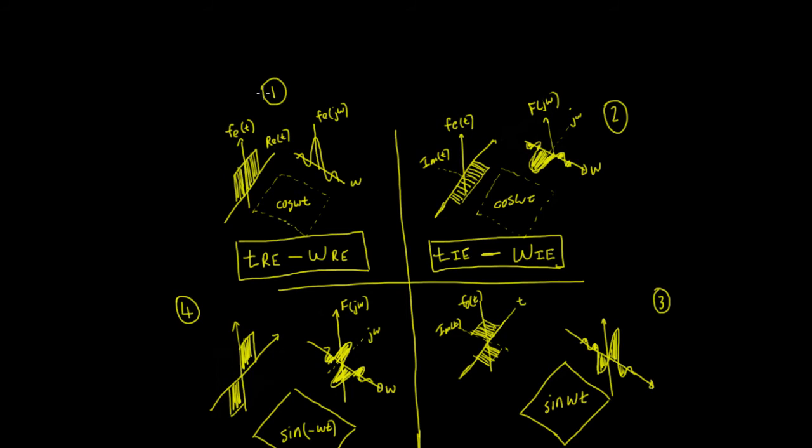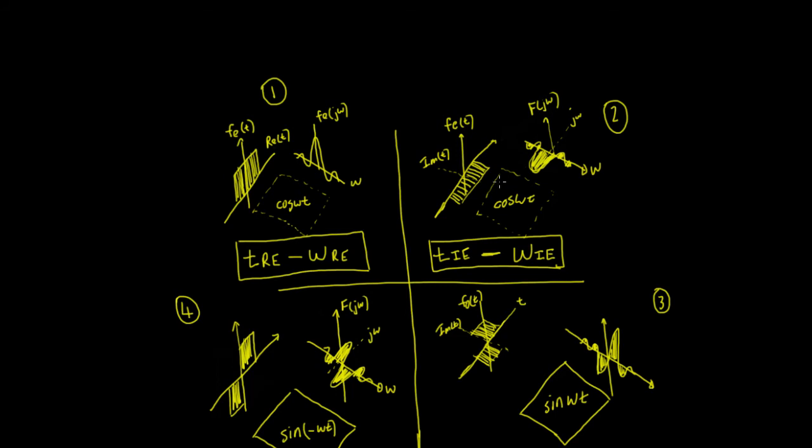So the first one is saying that if we have a real and even function of time, that's the real axis, an even function of time, we'll map it through the cos omega t and we'll end up in the frequency domain, that's omega, with a real and even function of frequency. So I've drawn that little sinc function in, and that's a purely real and even function.